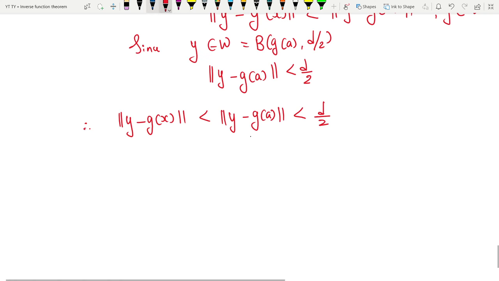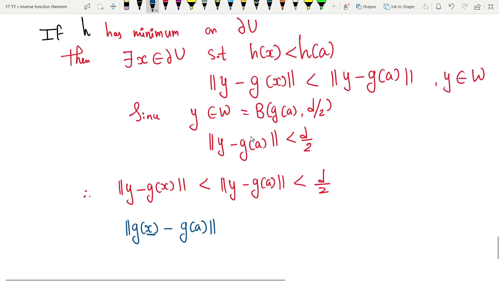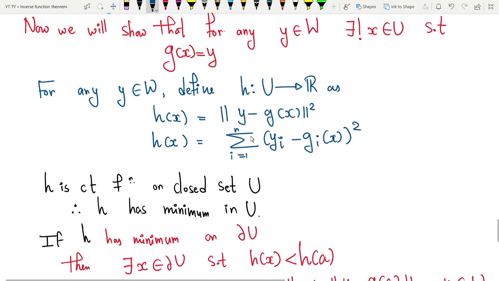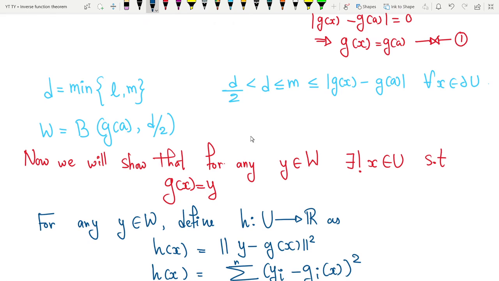Now let us just consider something else. We should get either a contradiction or not get a contradiction. Let us just see what can happen if I consider the distance between g(x) and g(a). What is the speciality about x? x lies on the boundary of this U, and we have something for the boundary of U, right?